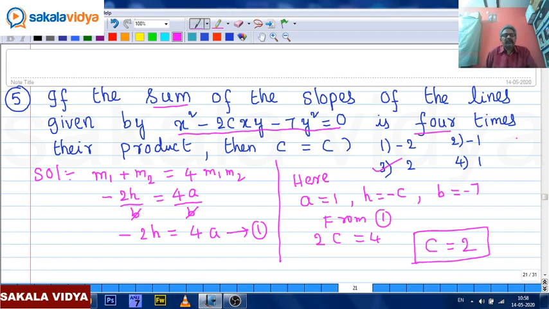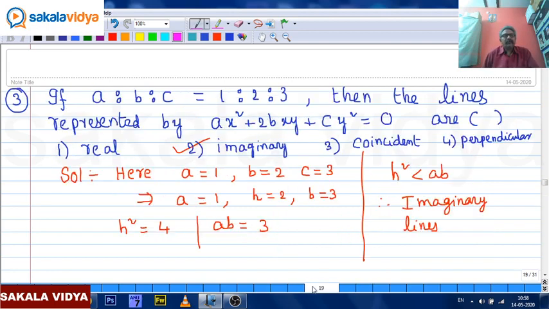Now let us come to the third problem. What is the third problem? See the third problem. b is equal to 2 given. So here I will be having b is equal to 2, which means 2h becomes 4 and h becomes 2.